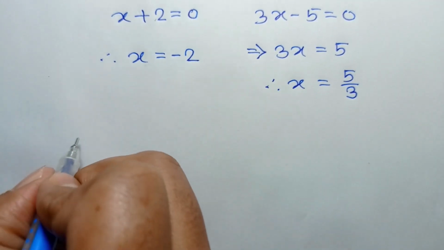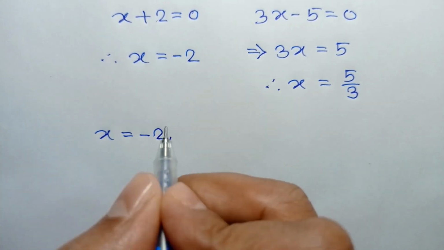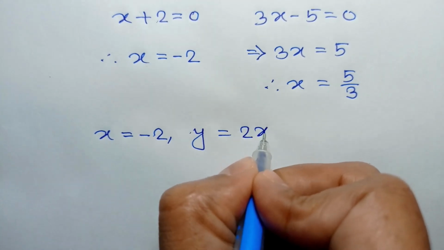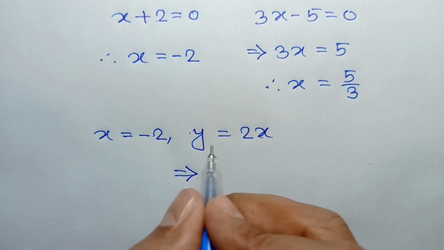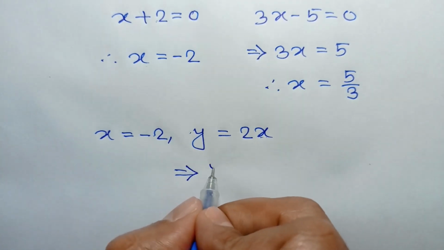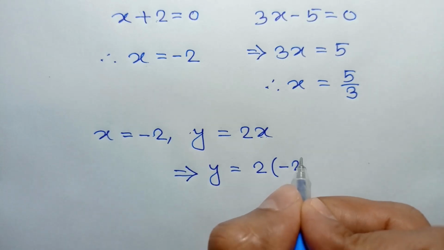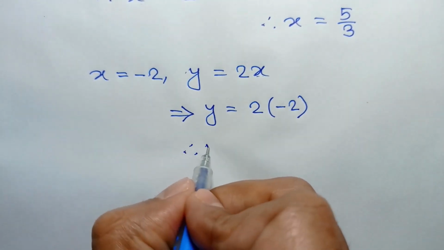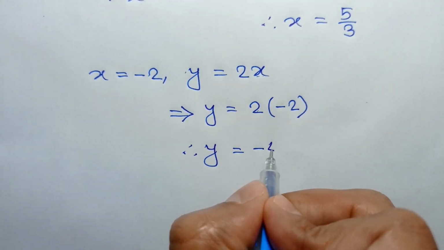So when x is equal to negative 2, from equation 5, y is equal to twice x, or substituting the value of x is equal to negative 2, we can write y is equal to 2 times negative 2. So the value of y is negative 4.